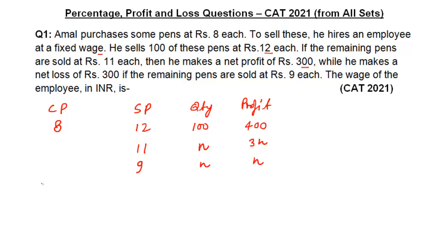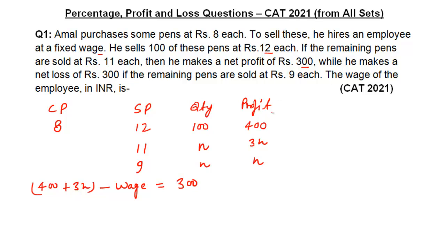So I can write here 400 plus 3n, this is the total profit on all the pens, and if I subtract W, assuming W as the wage of the employee, that will give me 300, because it is given in the question that he makes a profit of 300.